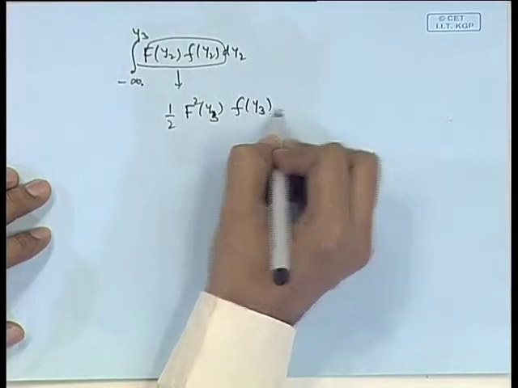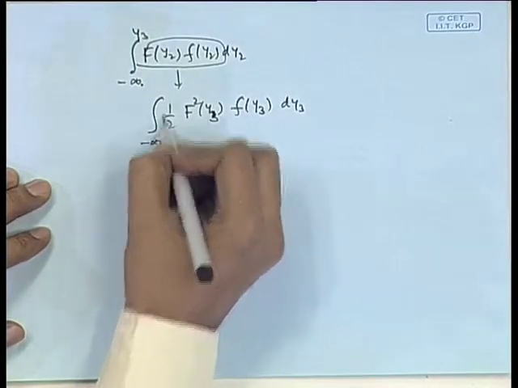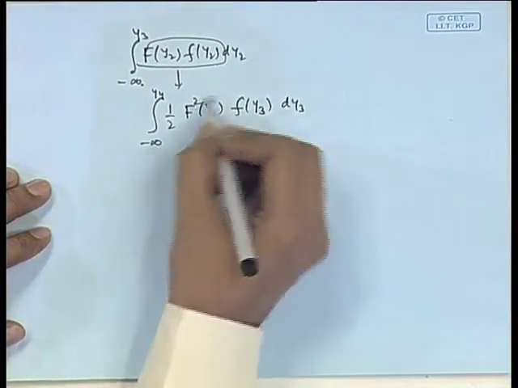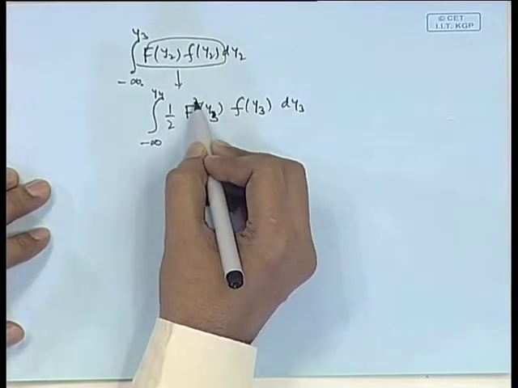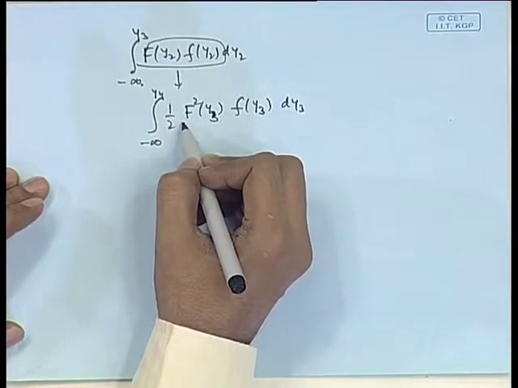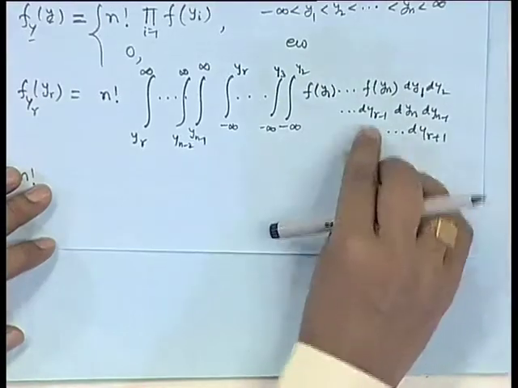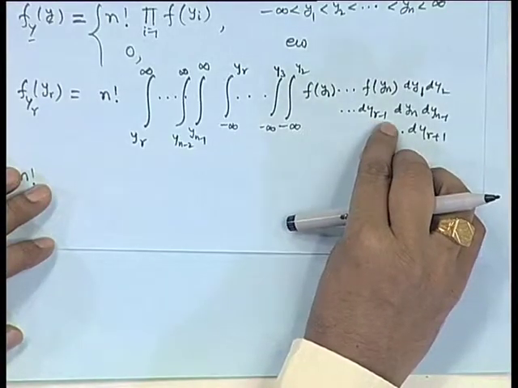So, at the next stage the integrand will be this term from minus infinity to y_4. So, next stage it will give F cubed of y_4, and here it will be 1 by 2 into 3. Now, this step will continue up to f of y_{r-1}.